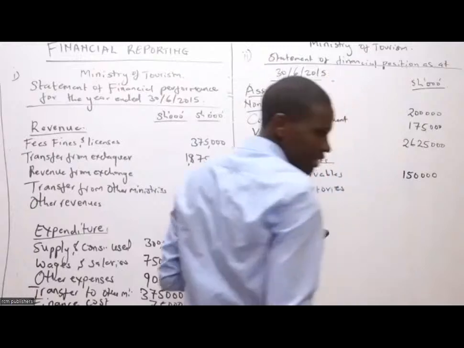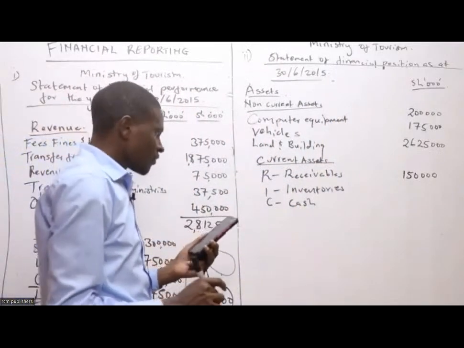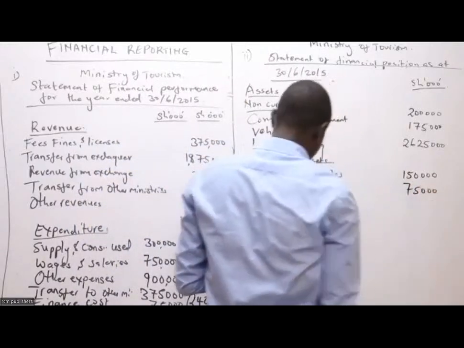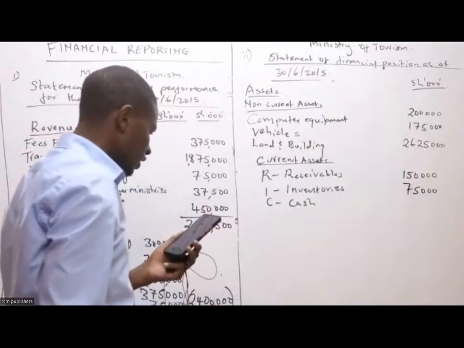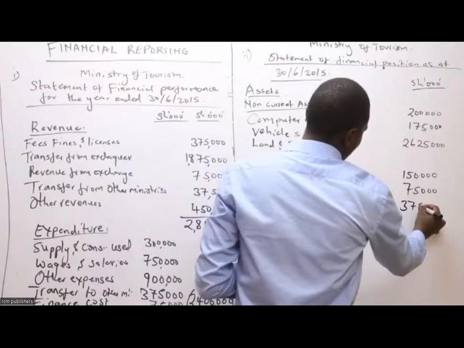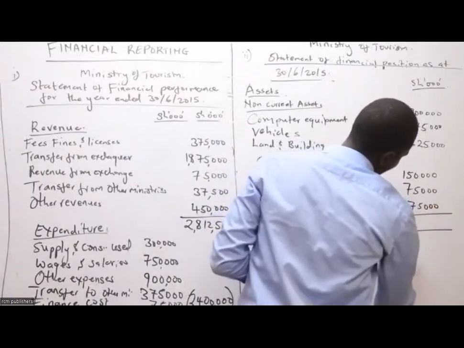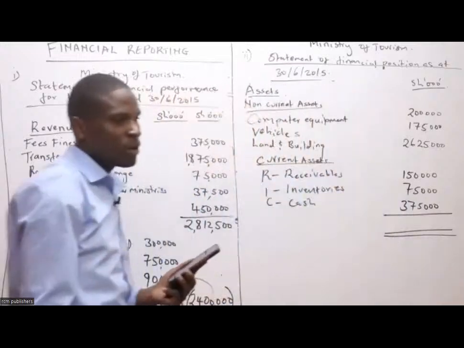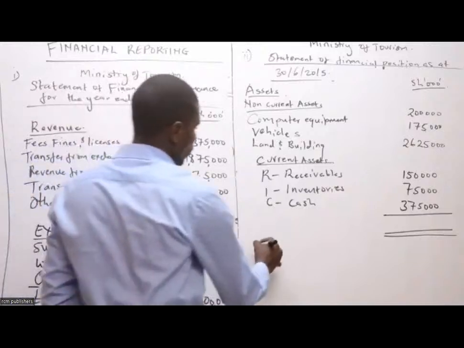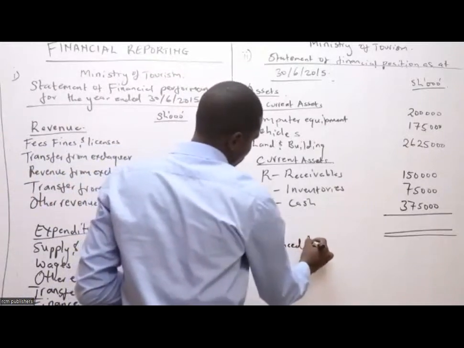Remember, the eyes can deceive you and take you to the wrong line. Then inventory, 75,000. And then we have cash. Cash and cash equivalent of 375,000. Good. Then you get the total assets. Then you go to financing.